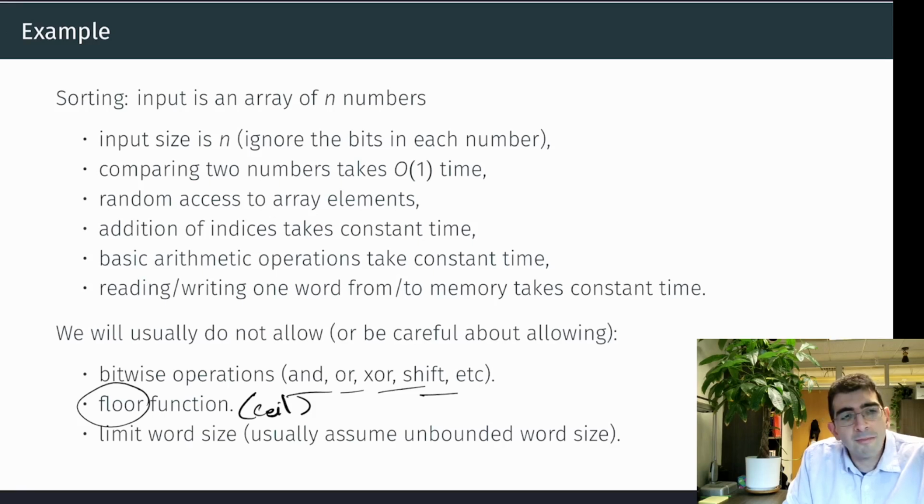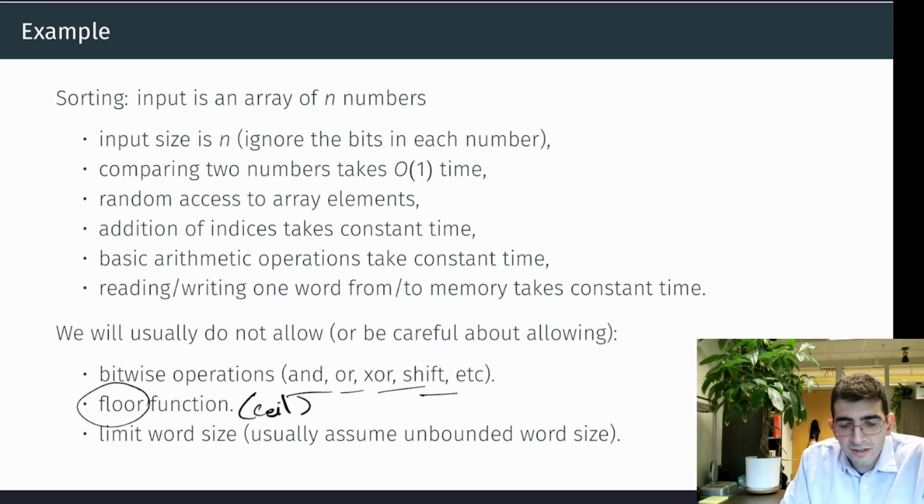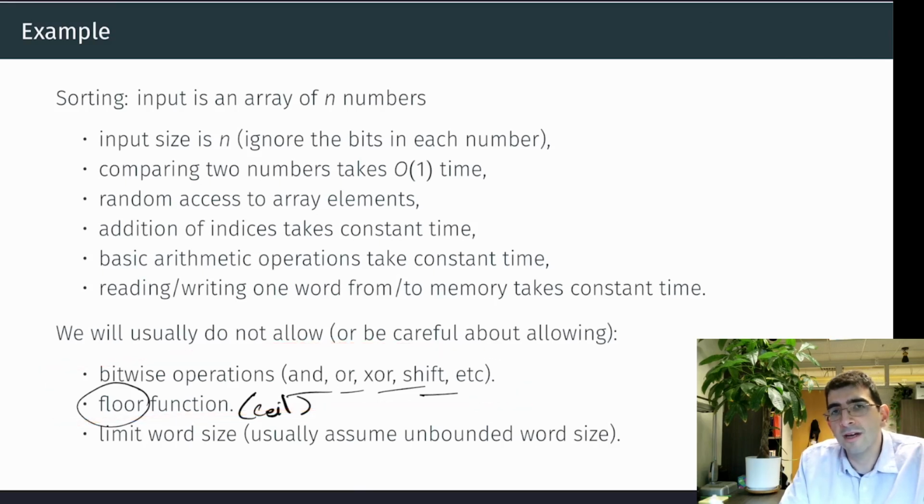I know modern computers have kind of merged instruction sets, so there's not a huge amount of variety, and I'm not sure if x64 has a floor or ceil function. I think it does have the bitwise operators, but historically speaking, not all CPUs had these operations designed into the processor, into the ALU. And so because of that, we say that these operations don't take constant time.